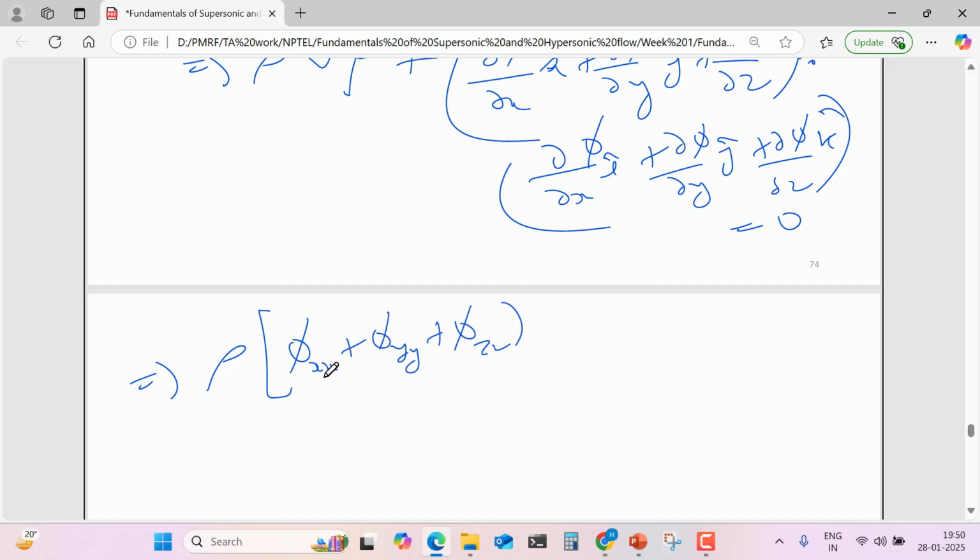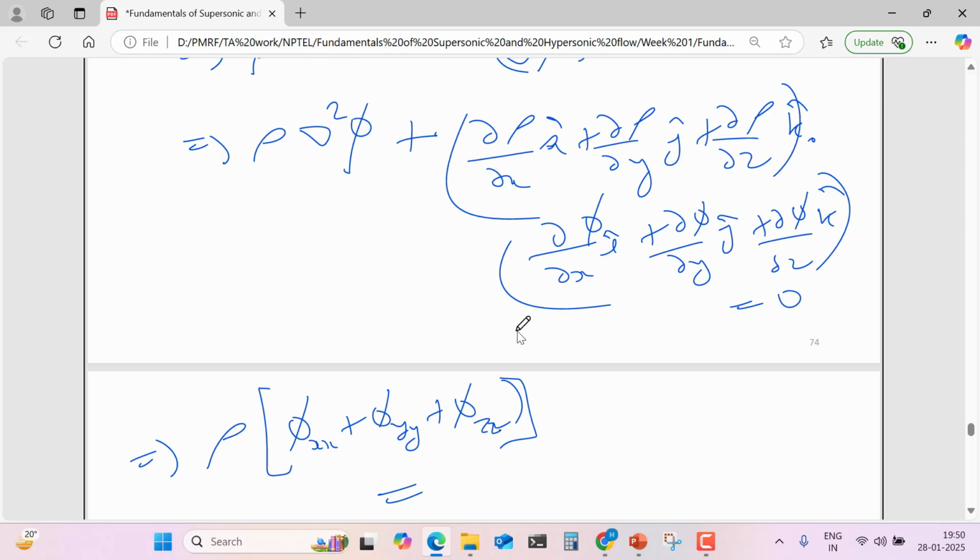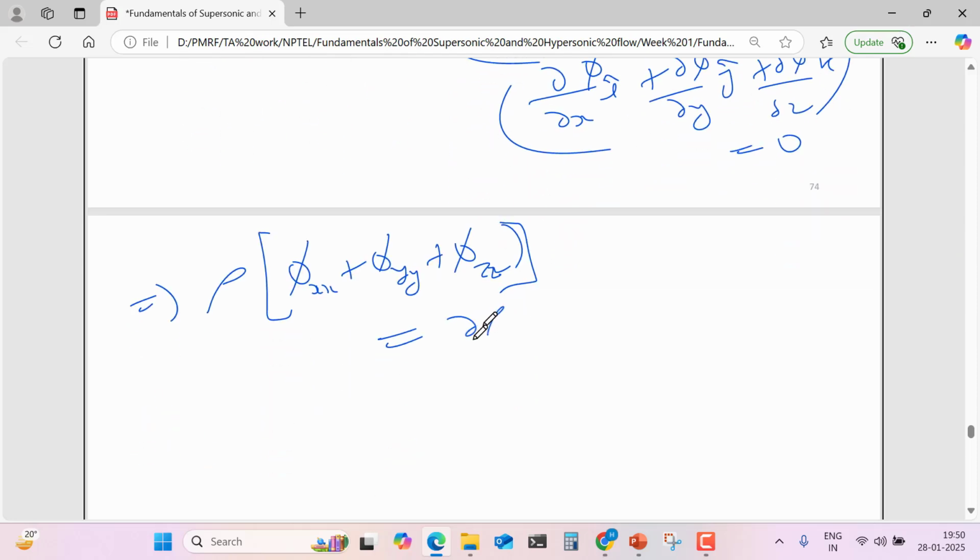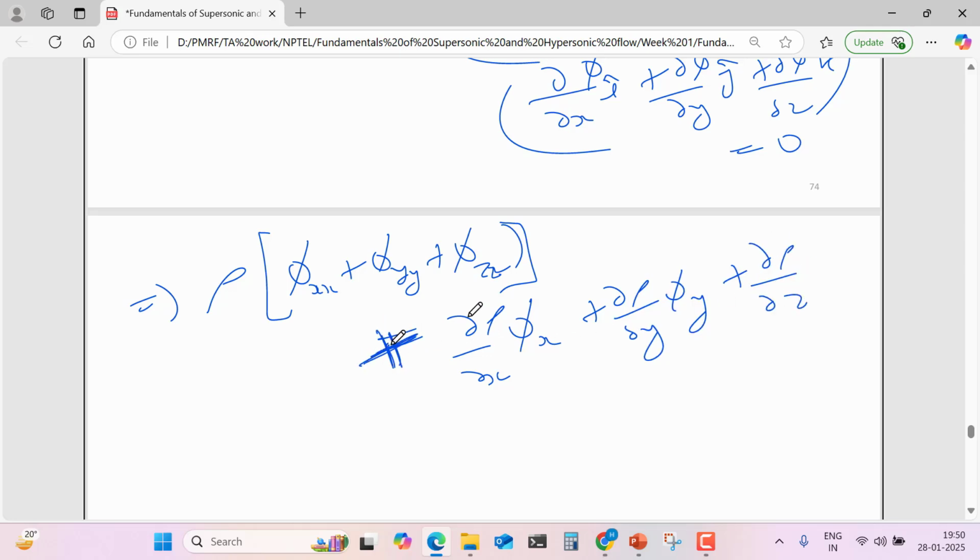This subscript denotes the derivative. Like phi xx is dou 2 phi by dou x square, equal to dou by dou x phi x, plus dou by dou y phi y, plus dou by dou z phi z, equal to 0.